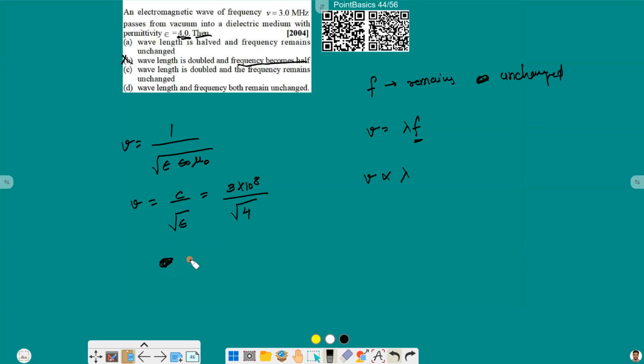So we can say that velocity becomes C by 2, or velocity reduces to half. If velocity is reducing by half, then lambda also has to reduce by half. So we can say the wavelength will be halved. Here option A, wavelength is halved. Option C, wavelength is doubled, so C is wrong. And option D, wavelength remains unchanged, so that is wrong here. So option A will be the right answer.